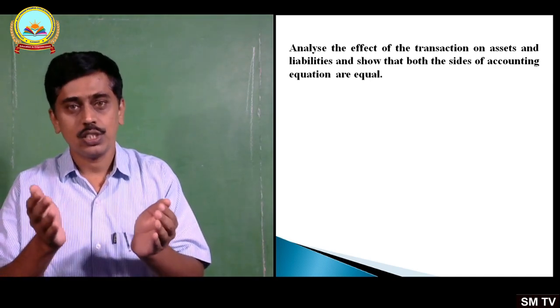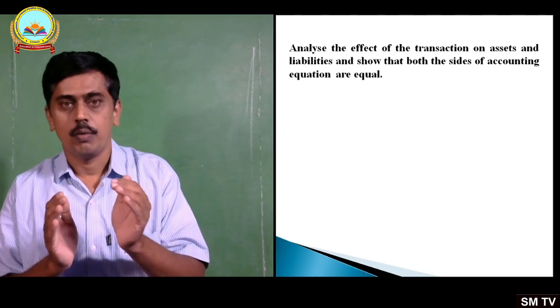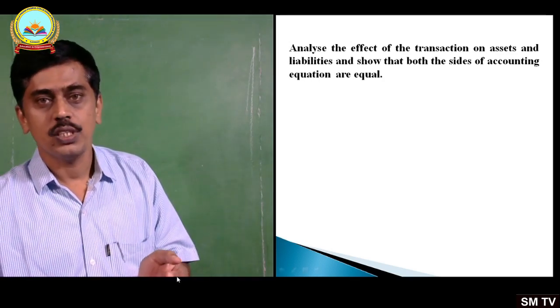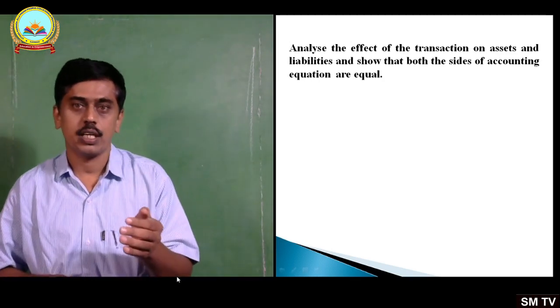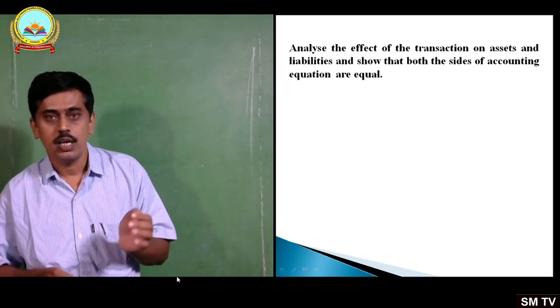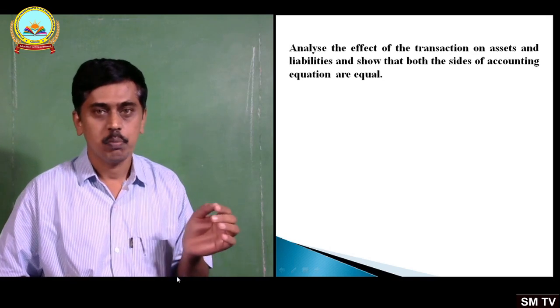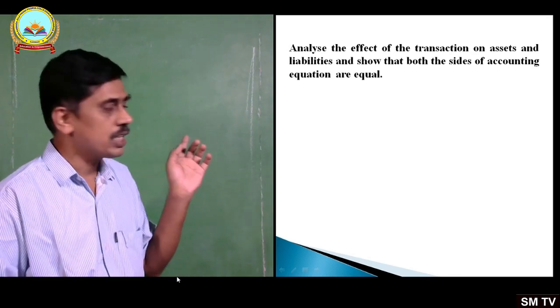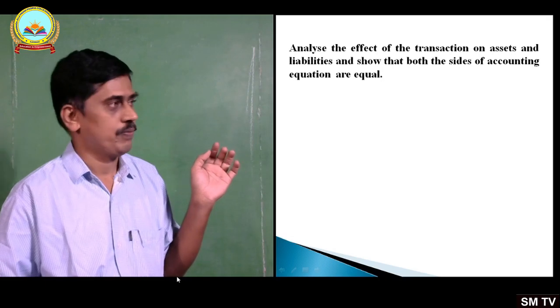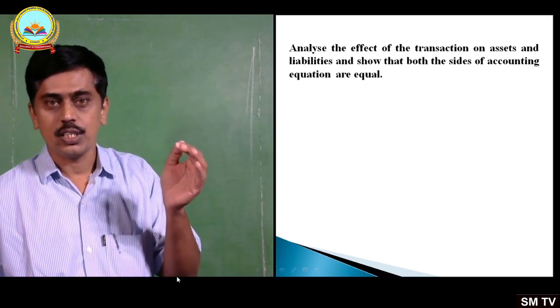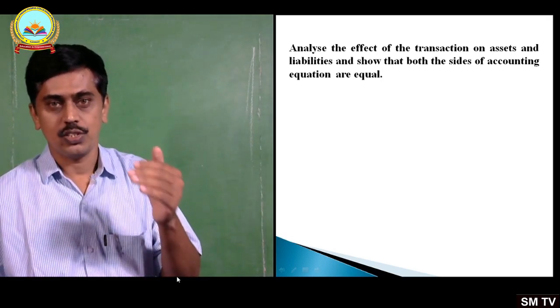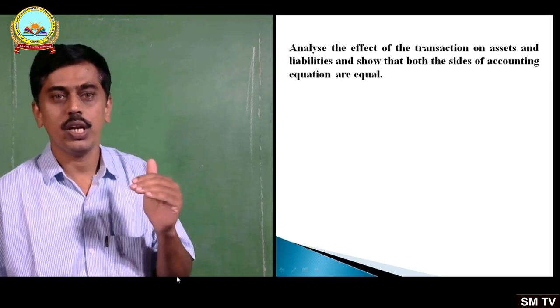Okay, first note down the problem. Analyze the effect of the transaction on assets and liabilities and show that both the sides of the accounting equation are equal. I will take 3 transactions in this example.